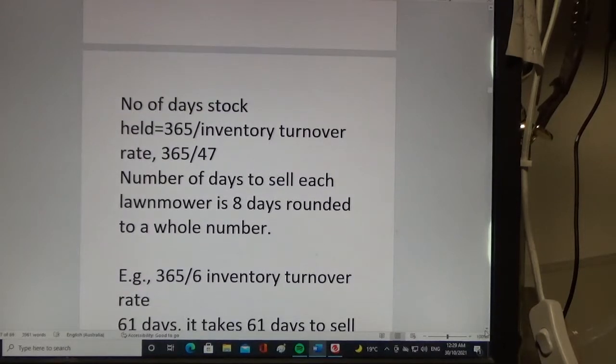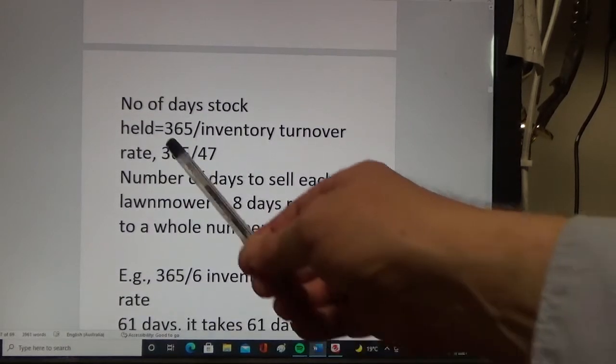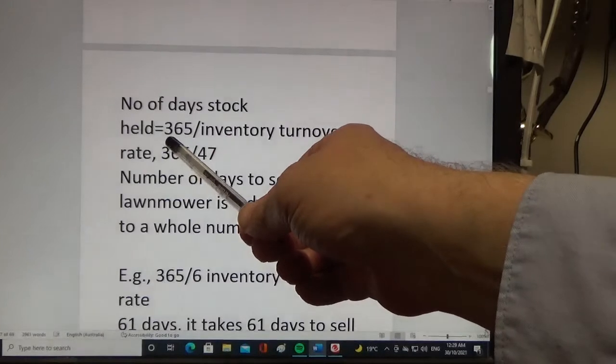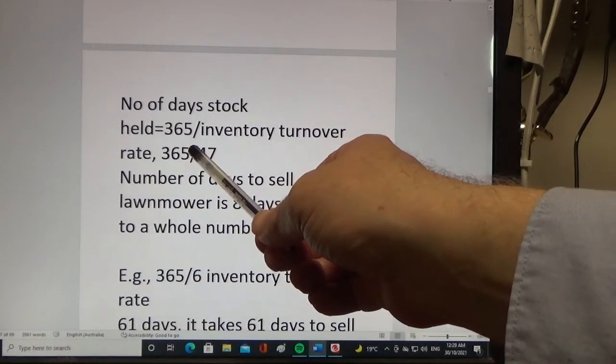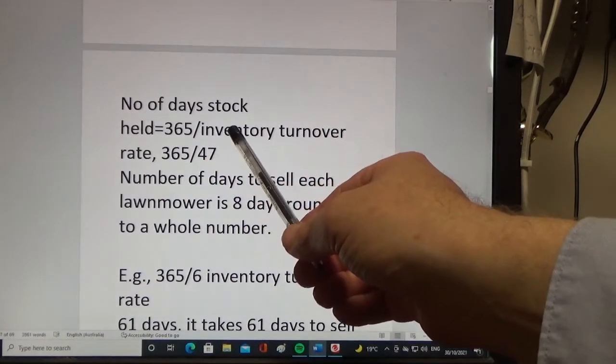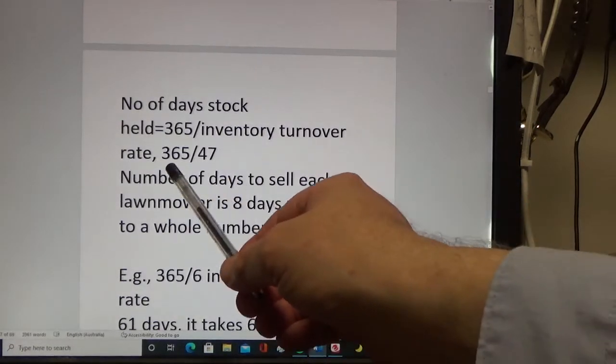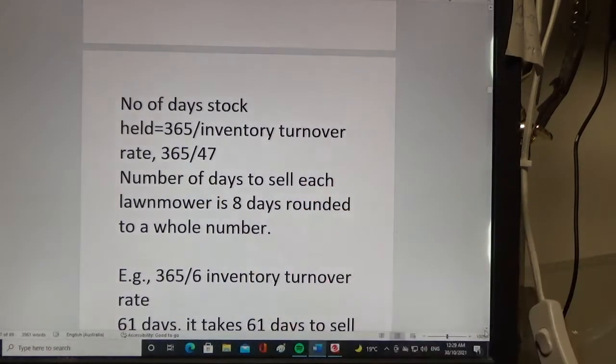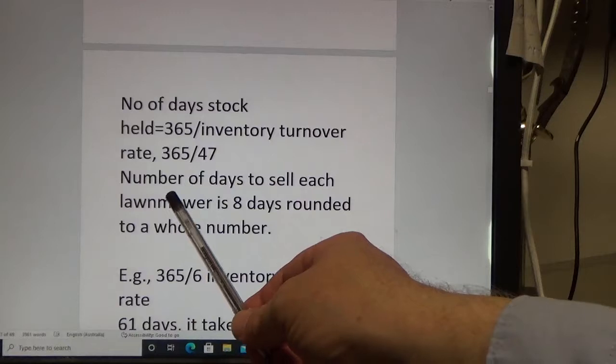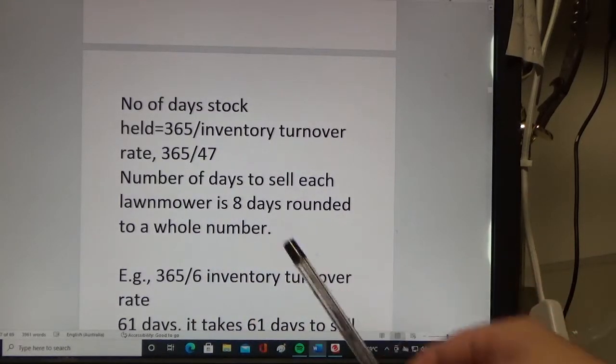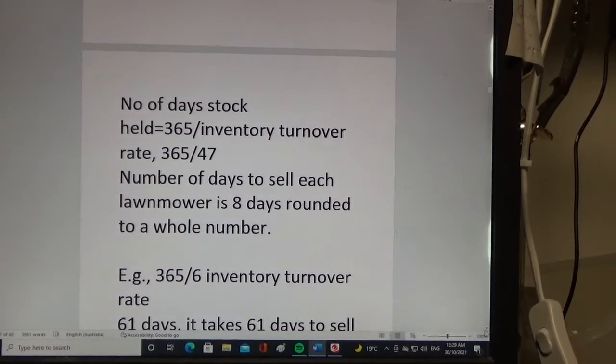For the number of days stock held, you simply divide the number of days in the year, 365, by the inventory turnover, 365 divided by 47, that gives you 8 days to sell. That means a lawnmower is sold every 8 days, okay?